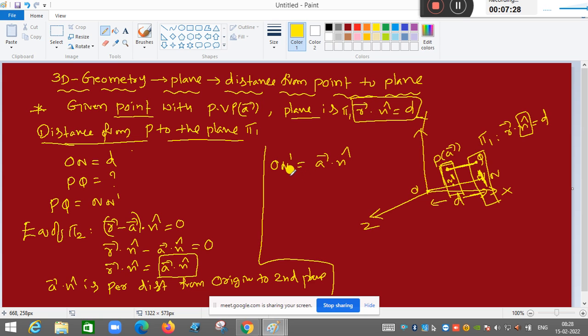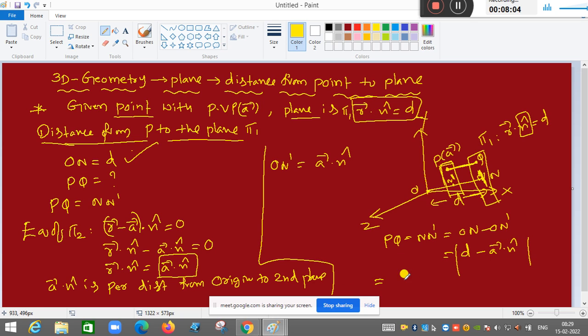What we required is PQ. That PQ is NN bar, and NN bar is ON minus ON bar. ON is d. This is a distance, so we take the modulus, or magnitude, of ON minus ON bar. ON bar is a bar dot n cap.